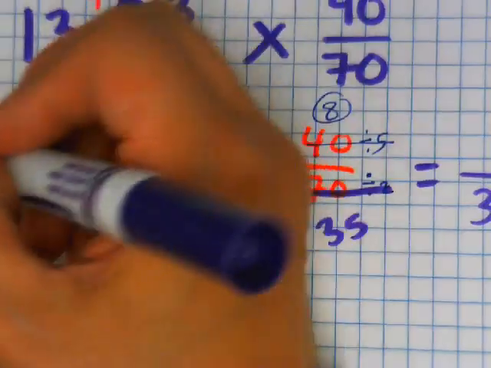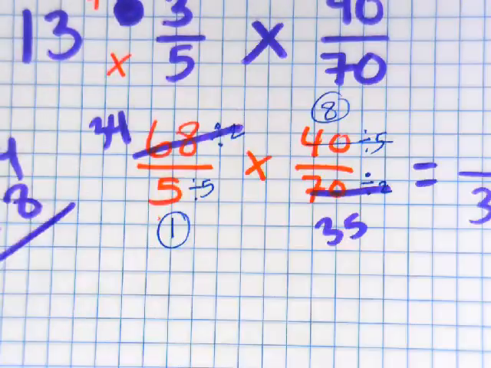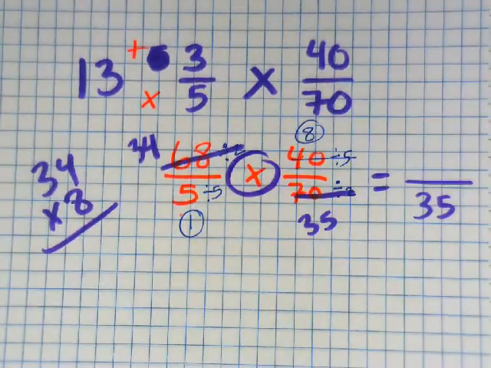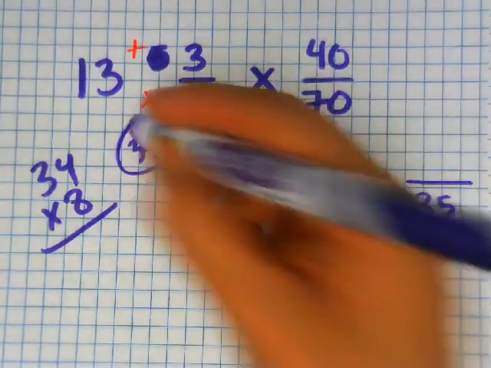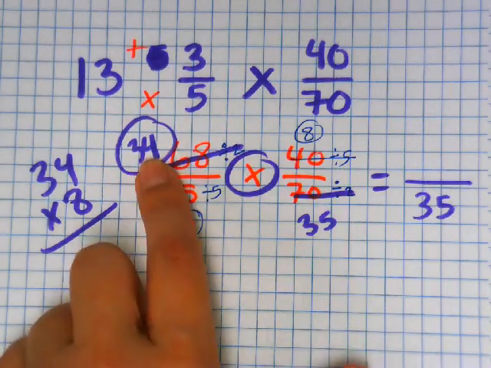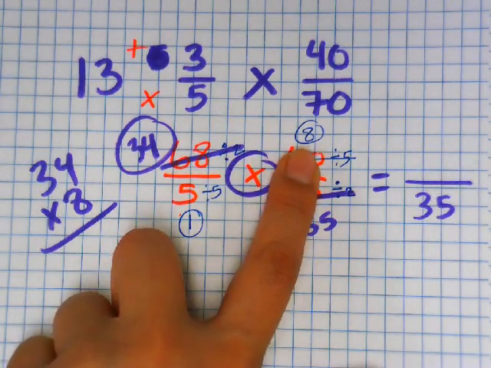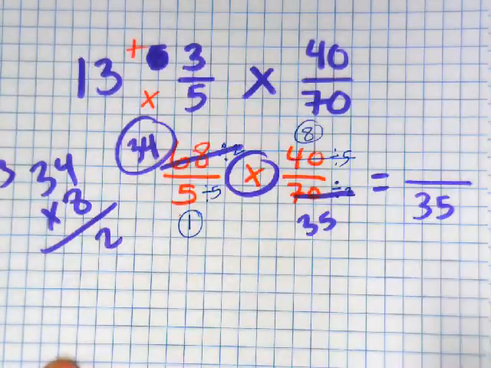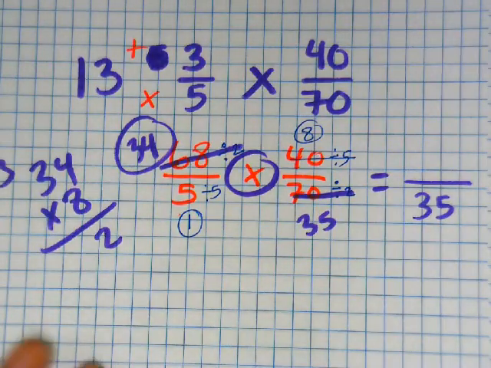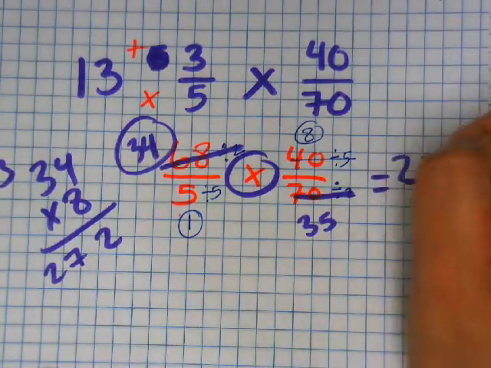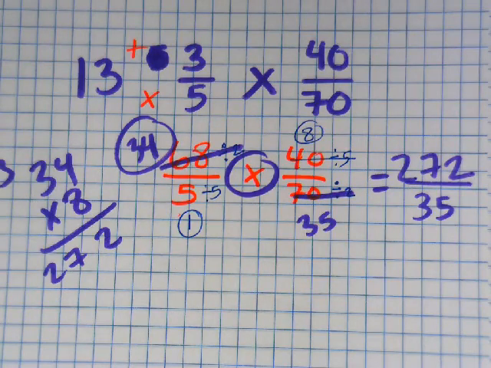And 34 times 8, because I simplified 68 to 34, so now I get to use 34 times the 8. 4 times 8 is 32, carry the 3. 3 times 8 is 24, plus 3 is 27. 272 over 35.